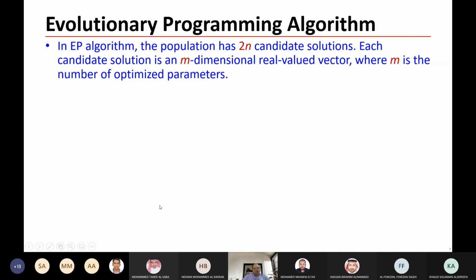Here is the population size. Let us say the population size is 2n candidates. We assume that the population size is 2n.